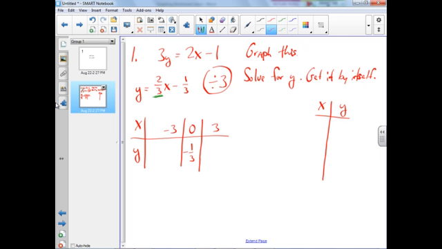Because if x equals 3, you're going to have 2/3 of 3 minus 1/3. So what's 2/3 times 3? 2. And then minus 1/3 is 5/3.